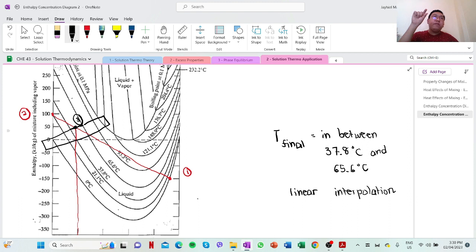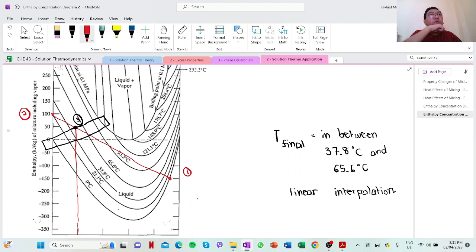It's wrong to have your ruler oriented in the other location, because it will create a big deviation in the values and give you a wrong interpretation. So the ruler should be situated in this one, and then perform linear interpolation to know the value of your final temperature.